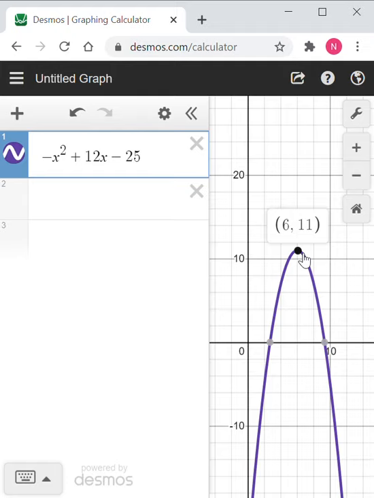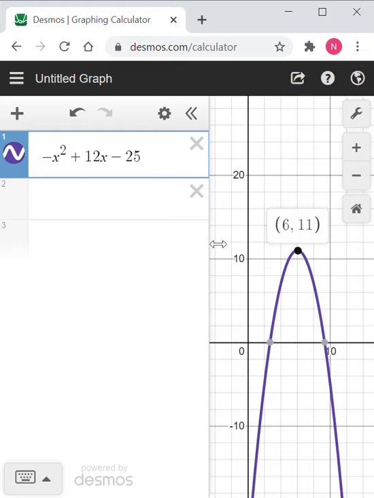And once I've got vertex form, I can easily identify the transformations. That negative in front tells me a reflection over the x-axis. That -6 inside the parentheses tells me I'm going to the right 6 units and up 11 units because of that plus 11 outside.